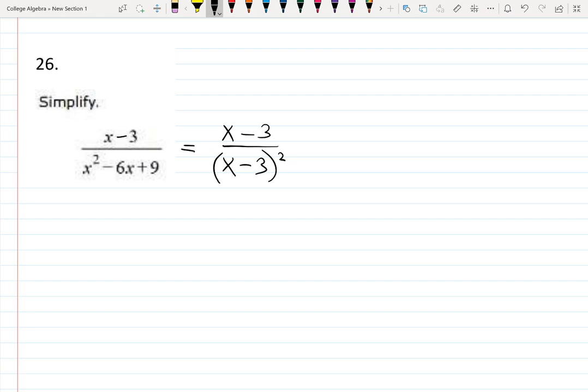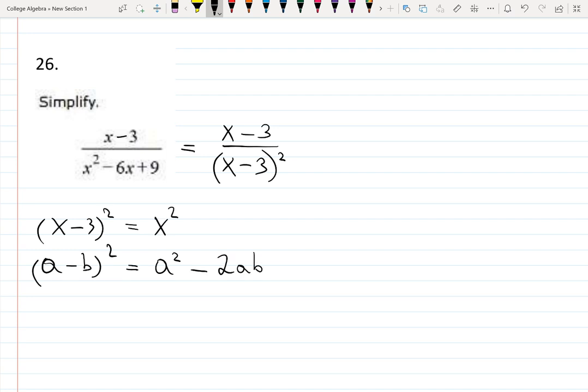Let's check how that is so. x minus 3 squared, based on the formula for a minus b squared: square the first term, that's x squared, minus double the product of the first term and the second term, minus 2 times 3x, plus the square of the second term, plus 9.